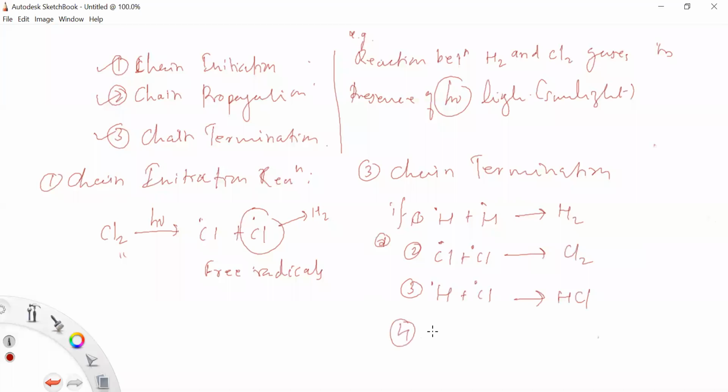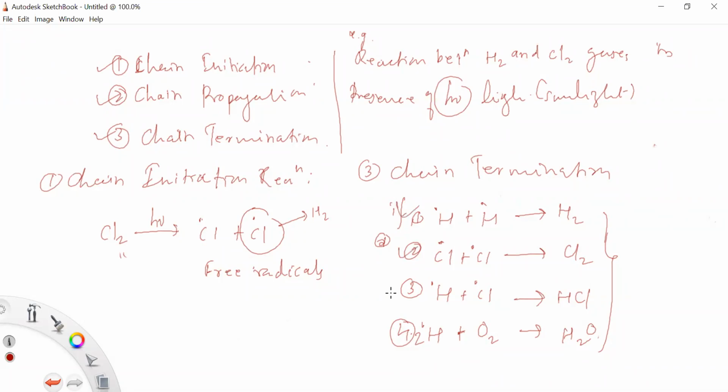And the fourth possibility is that hydrogen radicals combine with air, that is O2, and form H2O. This is again a possibility of termination of the chain reaction. So these are the four possibilities to terminate the chain reaction, and therefore these are called chain terminating steps.